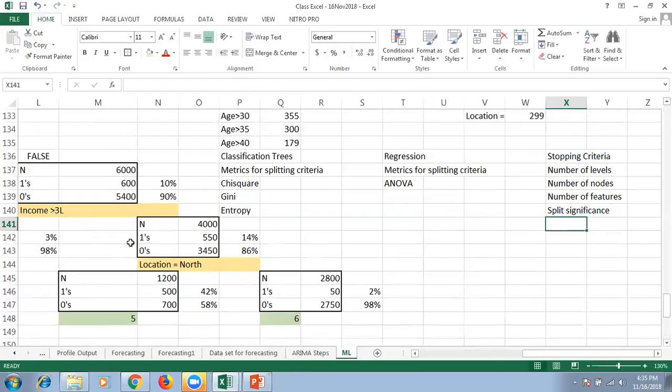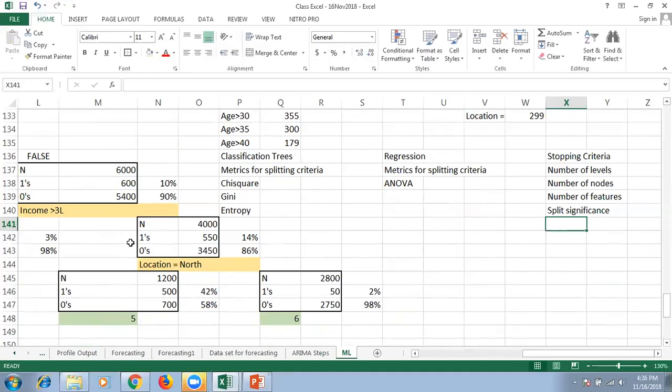If the significance is less than 95%, then it will get stopped. If the p-value is less than 0.05, then it will split further. If the p-value is greater than 0.05, it will stop. That is another way of stopping it.